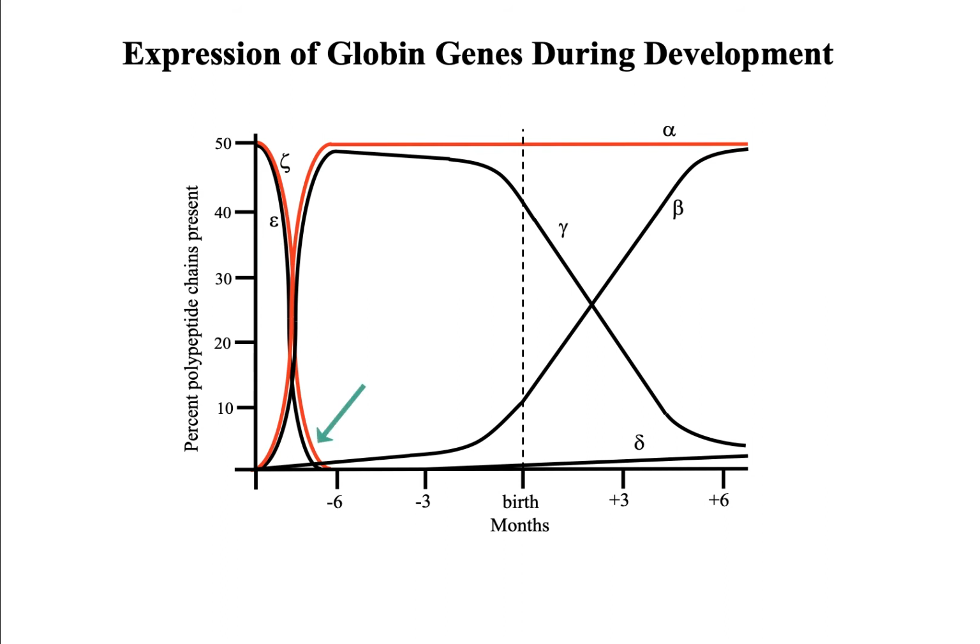During that time, the alpha is expressed, and the gamma globin is expressed as the beta analog. And then slowly the true beta globin is expressed, the gamma decreases, and a little bit of delta shows up just before birth and continues upward to a few percent during the first 6 months of life.